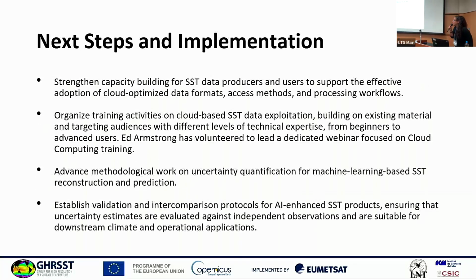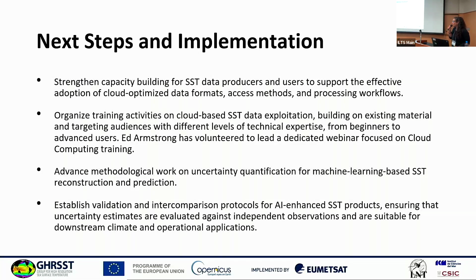So the steps that have been identified: firstly, strengthen the capacity building for SST data, both producers and users, to support the effective adoption of cloud-optimized data formats, access methods, and processing workflows.